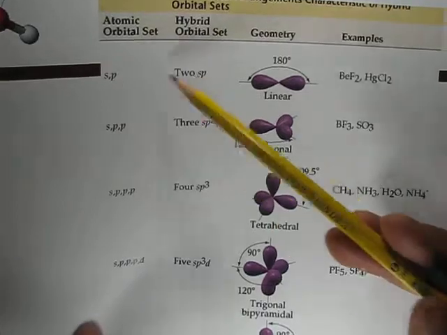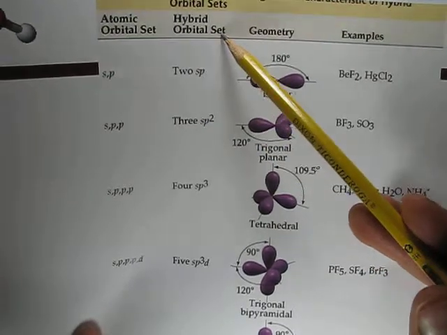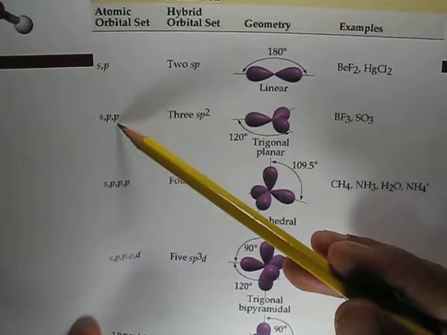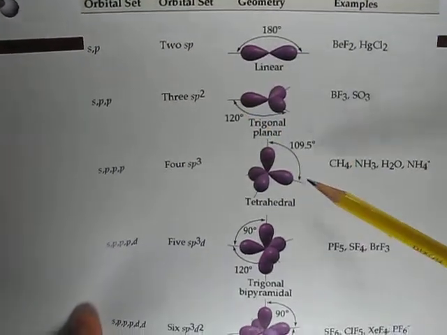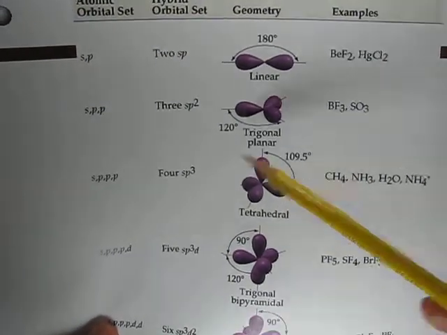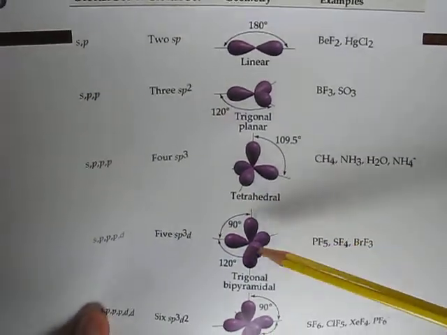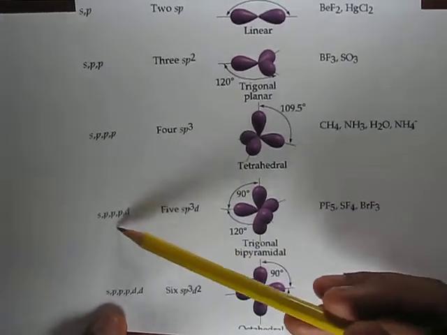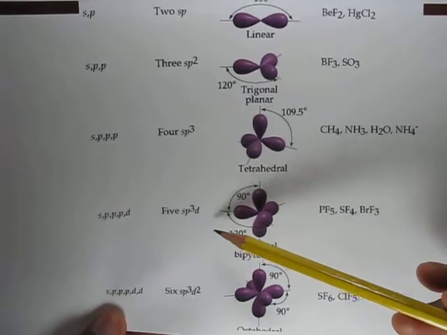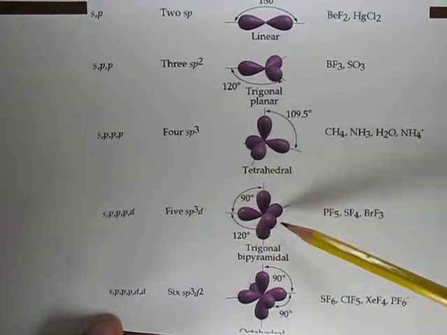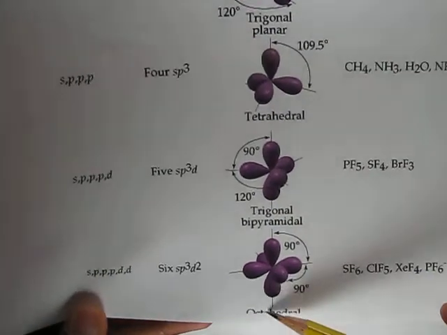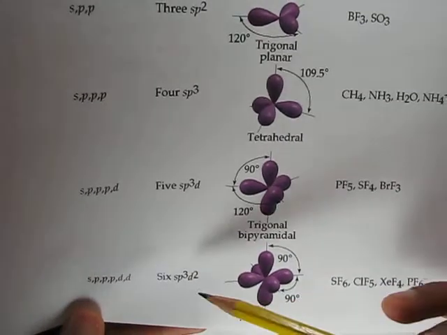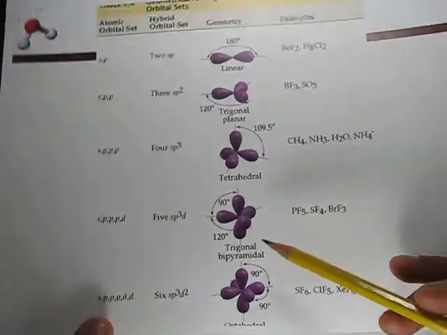For linear, there will be a set of two sp hybrid orbitals, and for trigonal planar, sp2. For tetrahedral, one s and three p. For trigonal bipyramidal, one s, three p and one d orbital are involved to make five sp3d orbitals, and for octahedral, one s, three p and two d orbitals are involved to make sp3d2 hybrid orbitals.